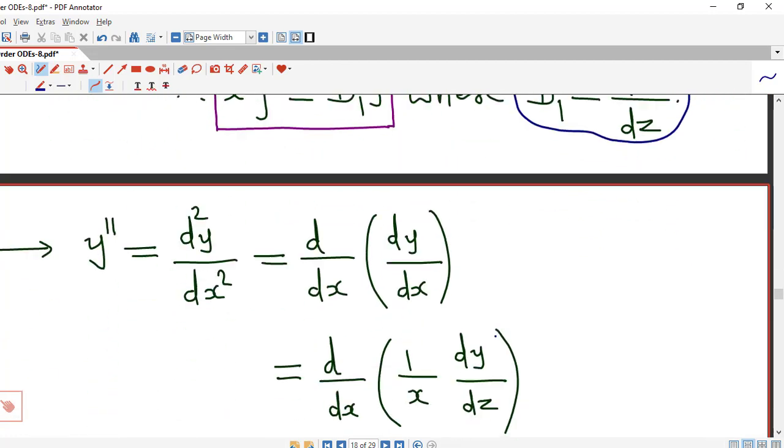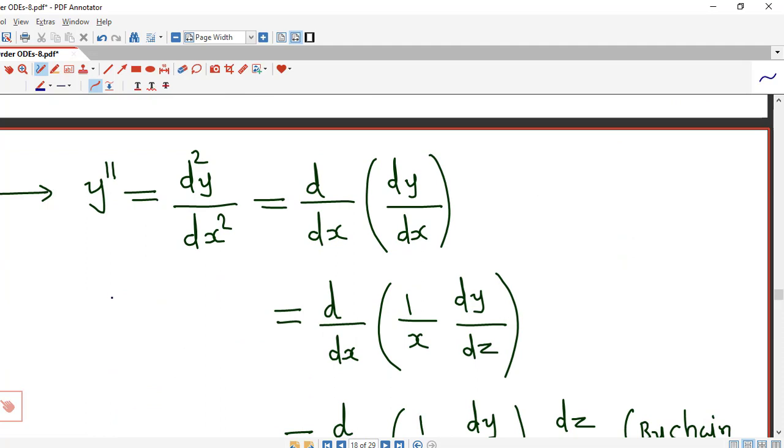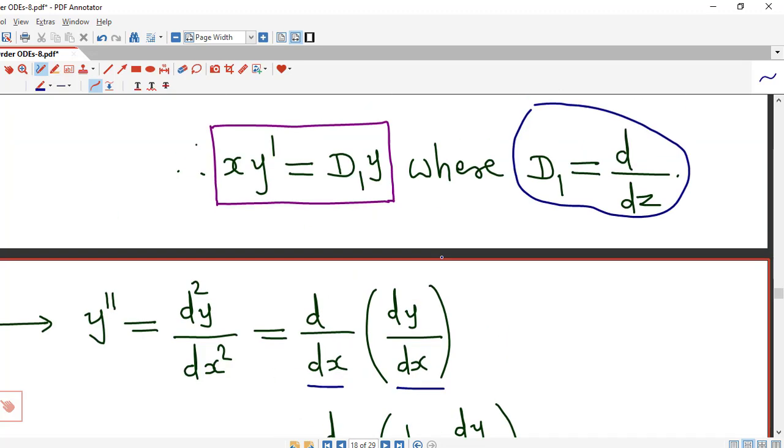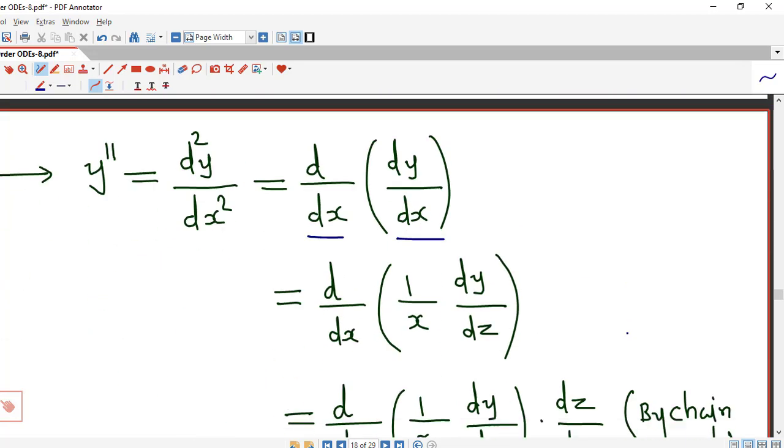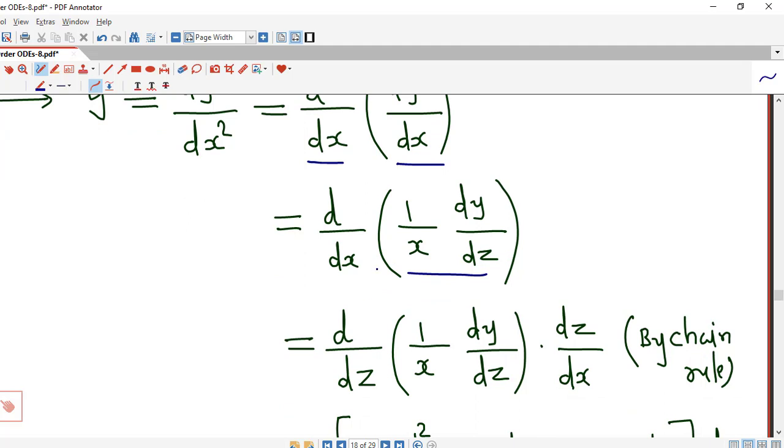Similarly, we can convert the second derivative in terms of z. Y double dash is d square y by dx square, that is d by dx of dy by dx. Now we substitute dy by dx equal to dy by dz into 1 by x, or 1 by x into dy by dz. Then we apply the product rule for derivatives. Before that we apply the chain rule.